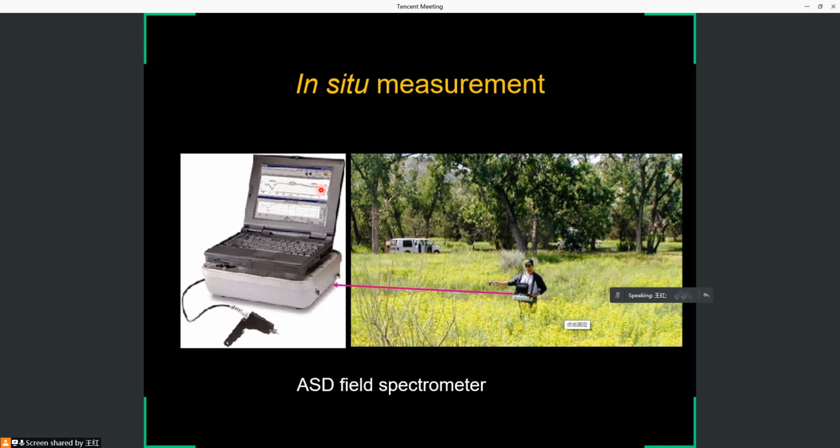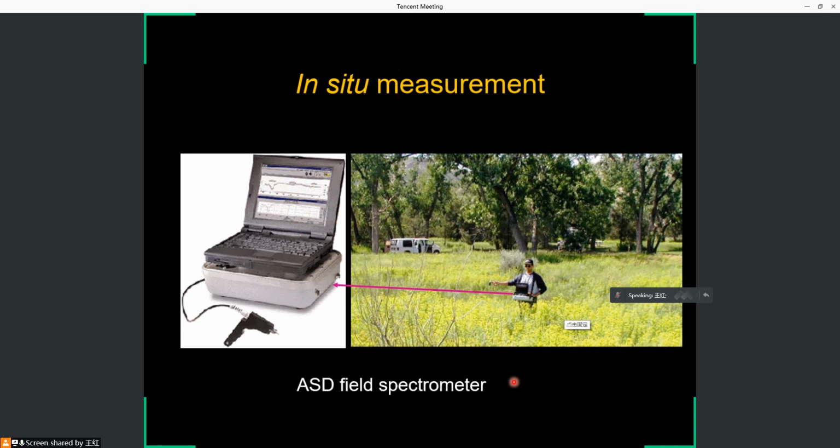The vegetation and the soil are different, and the curve changes across different lambda, different bands. This is the in situ measurement.